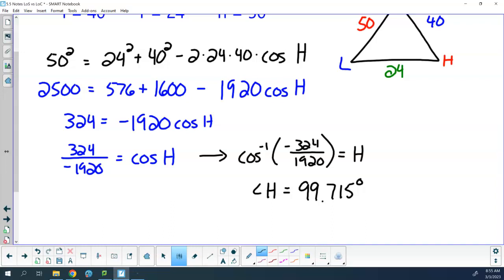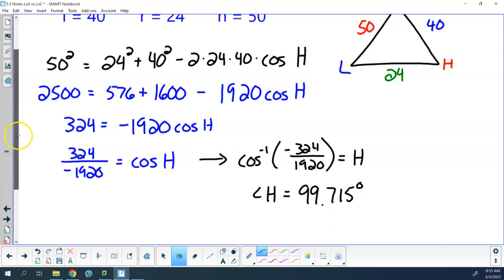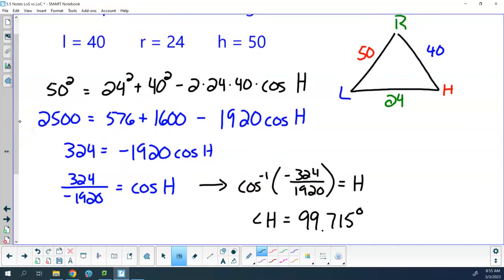Yes? Now, for me, I'm going to leave that on my calculator, and put my calculator off to the side with that still on there. Okay. So now we have angle H. Angle H here was 99.715 degrees.